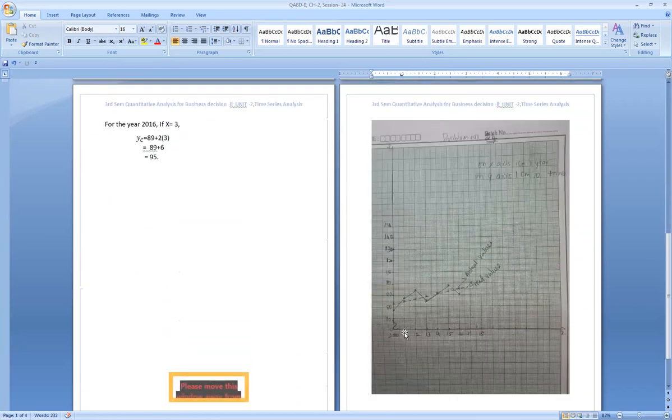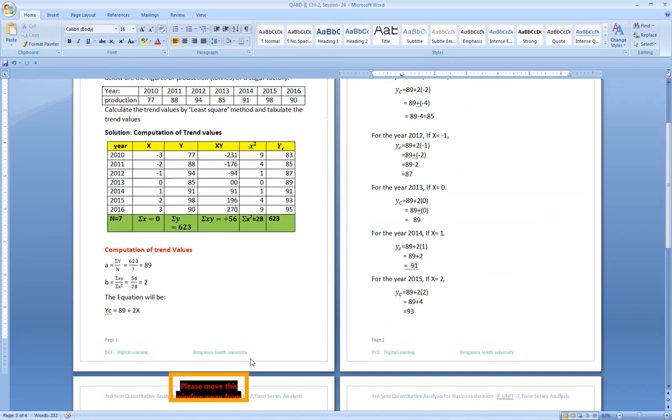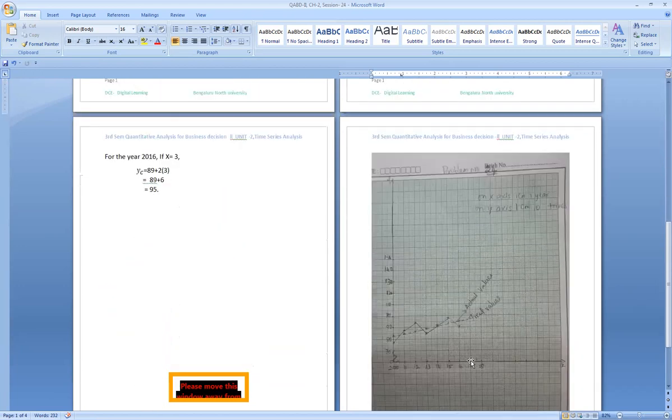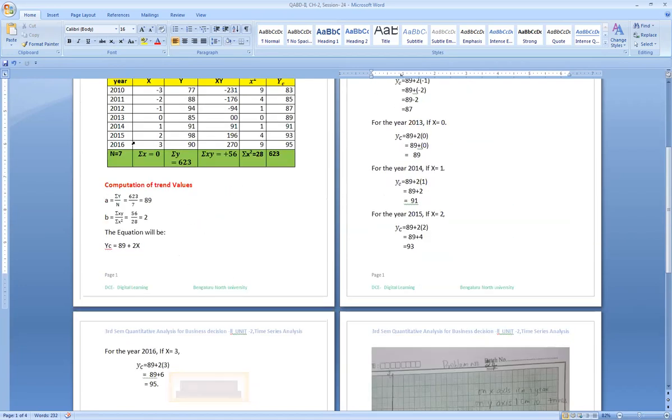For 2011 we mark after 80, the fifth box, a small dot. For 2012 the value already calculated is 87. We mark after 80 the seventh box.